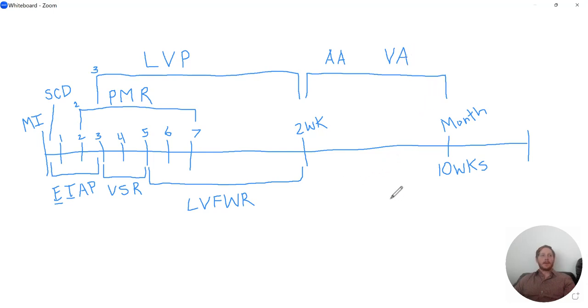And then the reason we have this 10 weeks thing that is like a broken scale, this represents 10 weeks, this represents a month and above, is we have one more. What post-MI thing have we not talked about yet? Exactly. And another name for Dressler syndrome, yeah, post-MI syndrome.